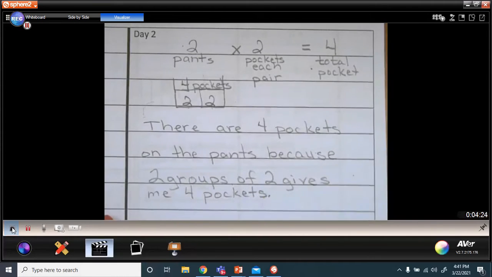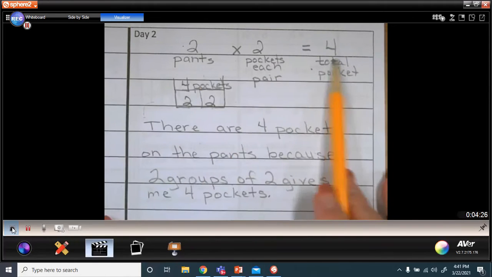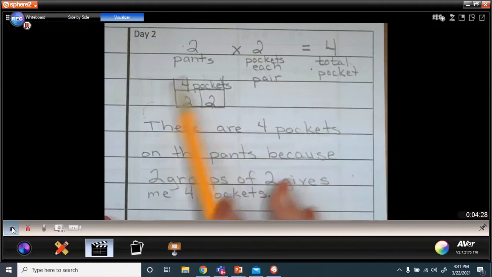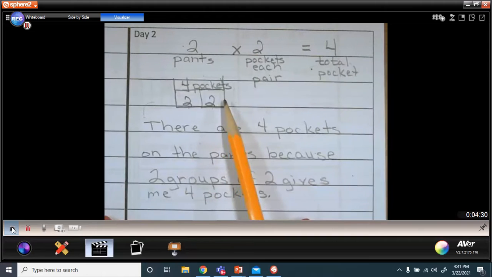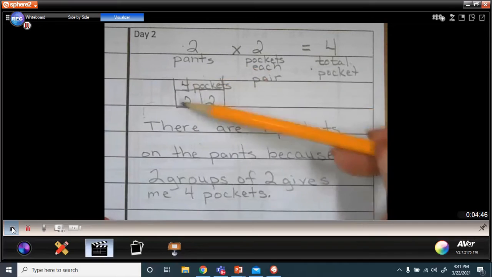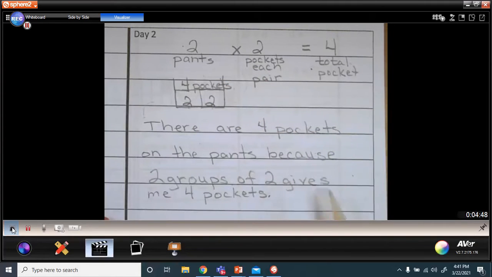So we have our equation. We have a model that's going to show us how we can model that information in our story problem, and here is my response. Okay, so make sure that you are practicing writing out an equation, showing a model, and writing out a response when you turn this in.